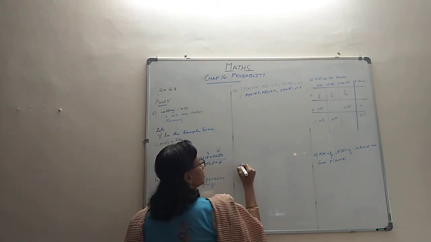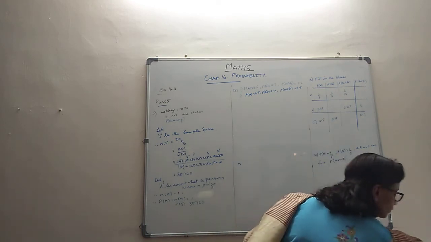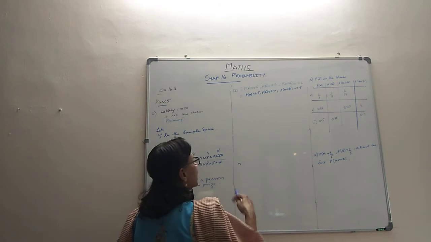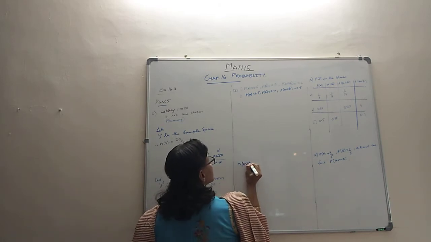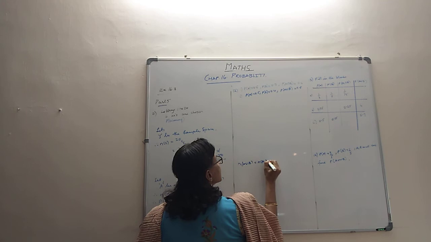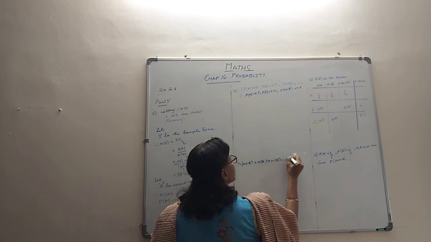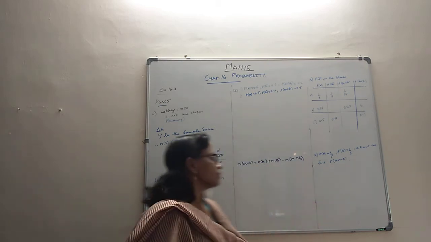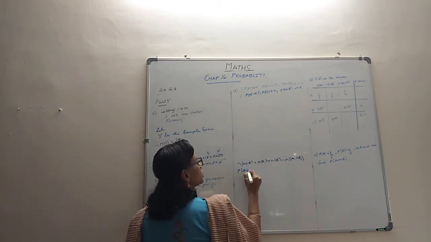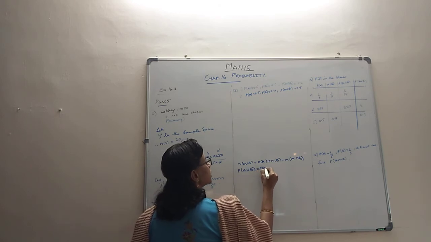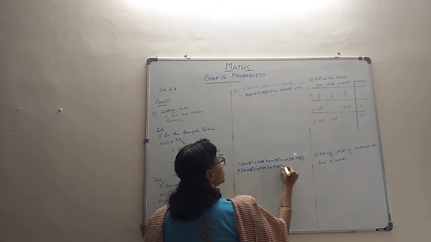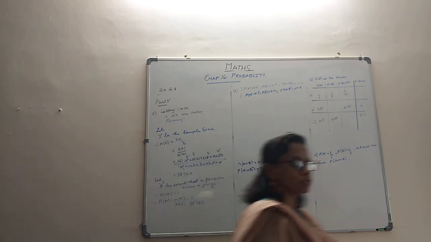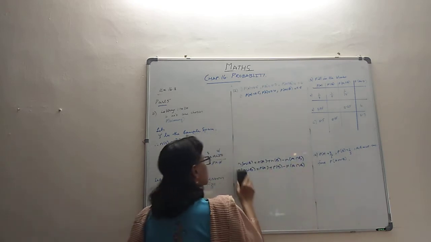We had learned that n of A union B is n of A plus n of B minus n of A intersection B. So we are doing that extension here in terms of P. Probability of A union B is probability of A plus probability of B minus probability of A intersection B. Throughout the exercise we are going to use this formula and problems based on it.